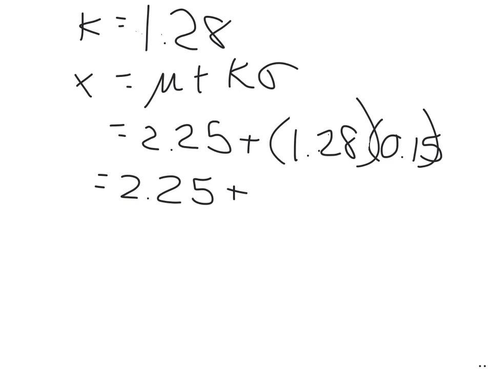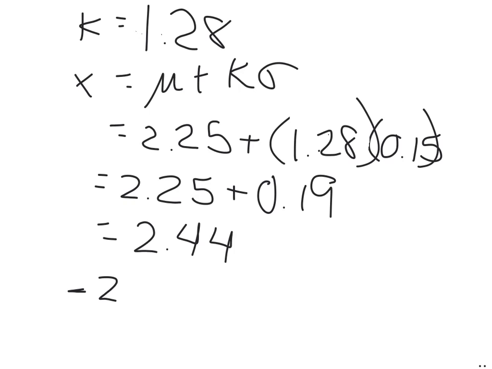And that's going to give me, that's what I was thinking, 0.19. And my final answer is 2.44. Okay, that's better. Now, they wanted between the two values. So the two values would be, of course, minus 2.44 and plus 2.44. That gives you your 90%. Okay.